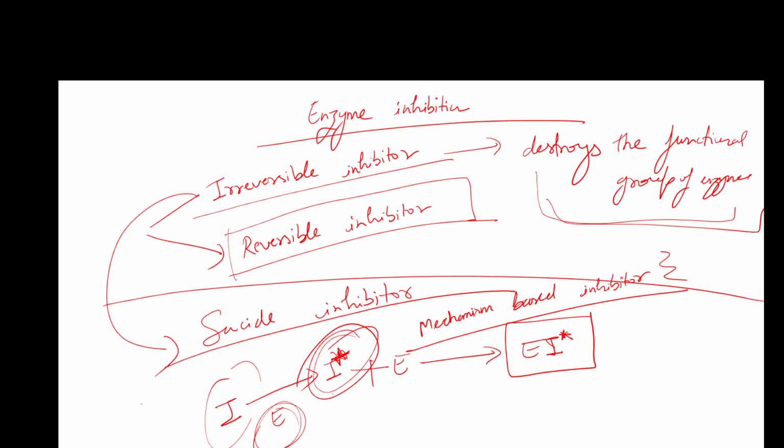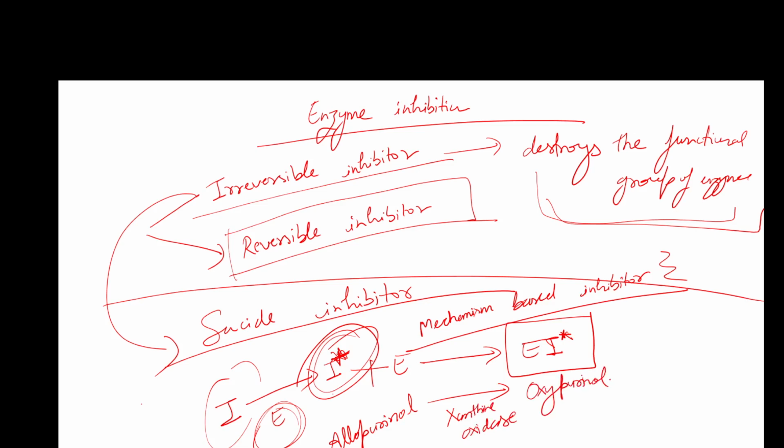One such example of these is allopurinol. So allopurinol, with the help of the enzyme xanthine oxidase, gets converted into oxypurinol.